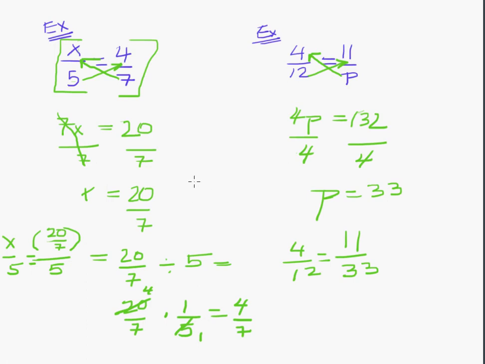If I simplify 4 over 12, I find that 4/12 is 1/3. And if I simplify 11 over 33, I get 1/3 also. And so p is 33.